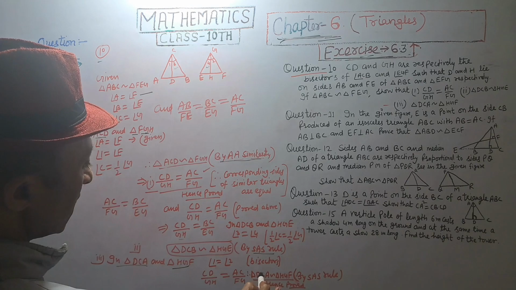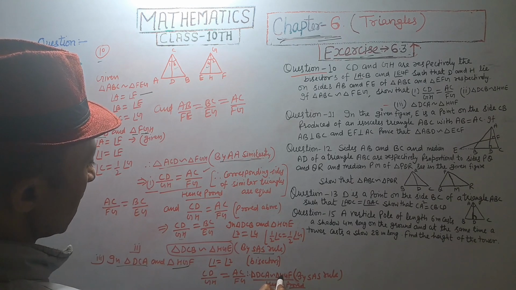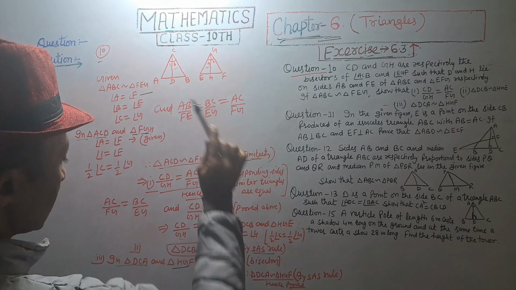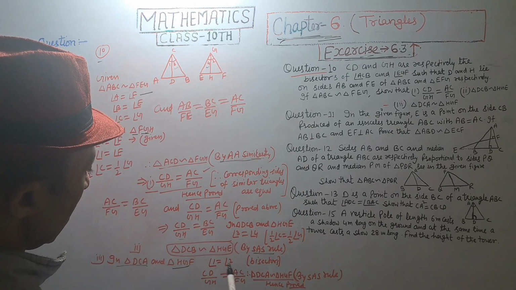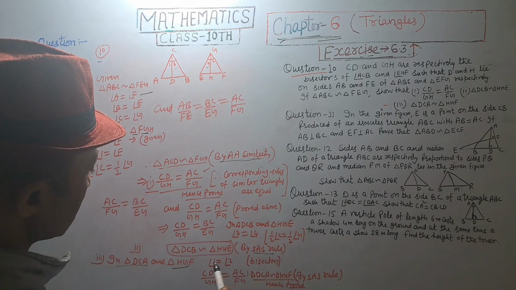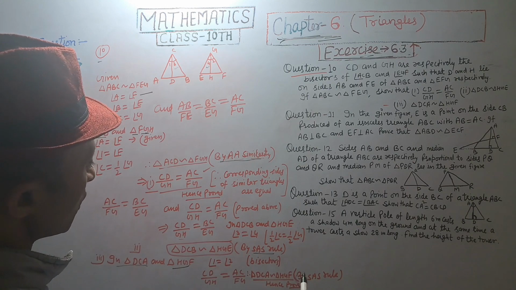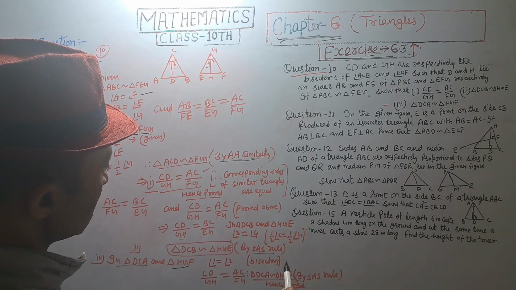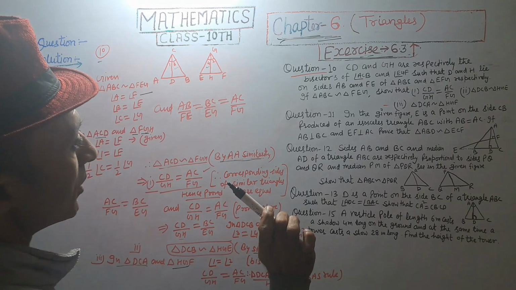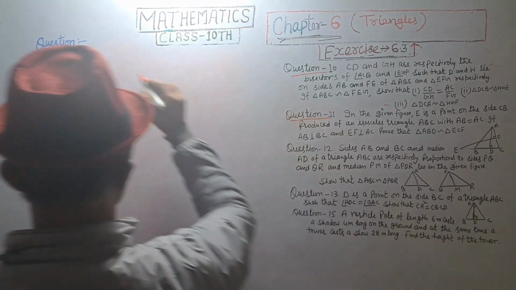Then triangle DCA is similar to triangle HGF by SAS rule, hence proved.